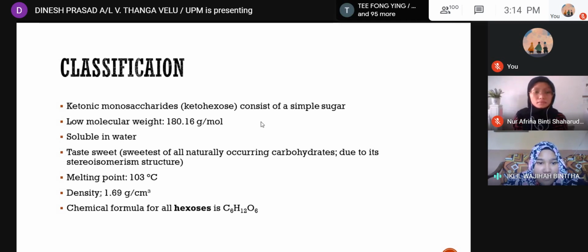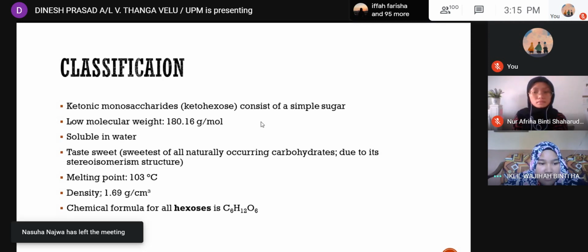The chemical formula for all hexoses is C6H12O6. Fructose has low molecular weight, is soluble in water, and tastes sweet. Fructose is the sweetest of all naturally occurring carbohydrates, compared with galactose and glucose, due to its stereoisomerism or hydrogen bonding. It has a melting point of 103 degrees and a density of 9.69 grams per kilo. That's all.